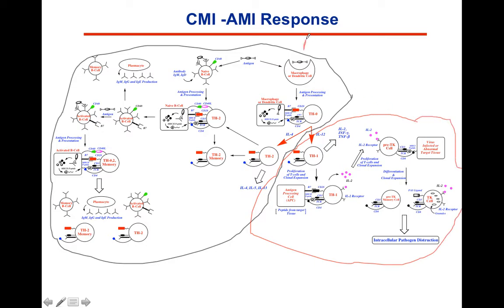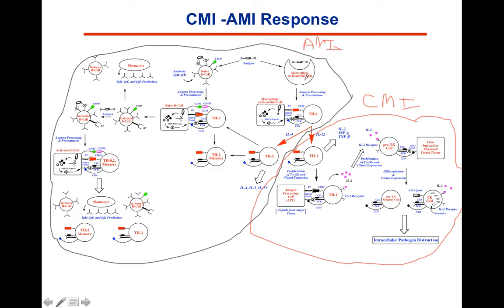So this is AMI over here, and CMI is over here. And there is an intersection. That intersection between them is really at these Th1 cells. So this intersection with Th0, Th1.